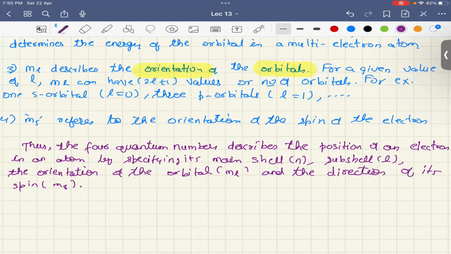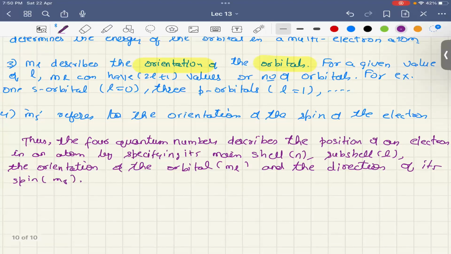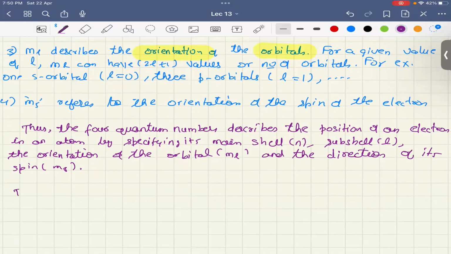In other words, these quantum numbers serve as a unique address for an electron, right?